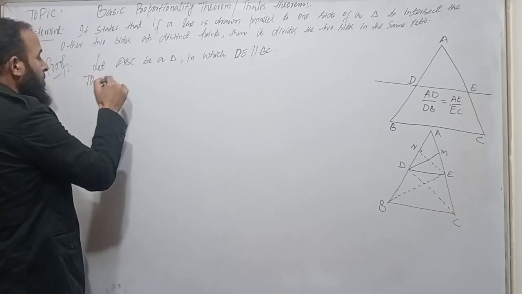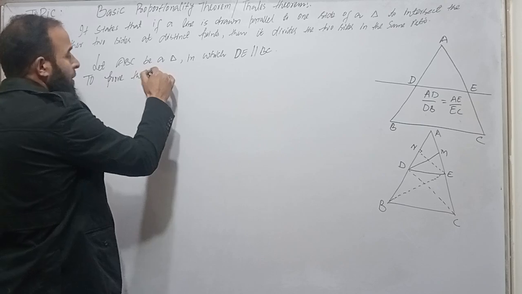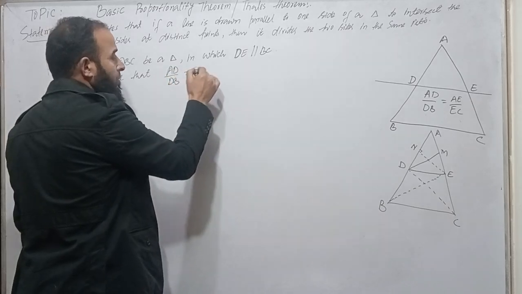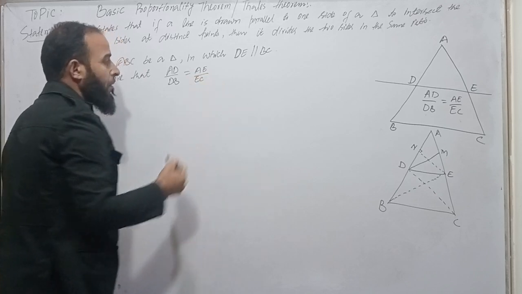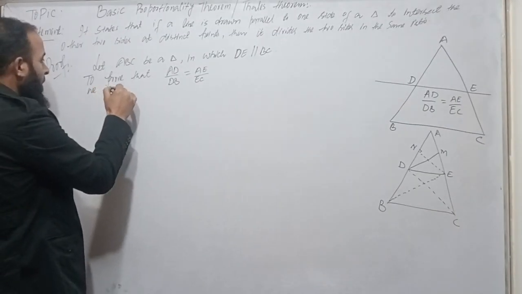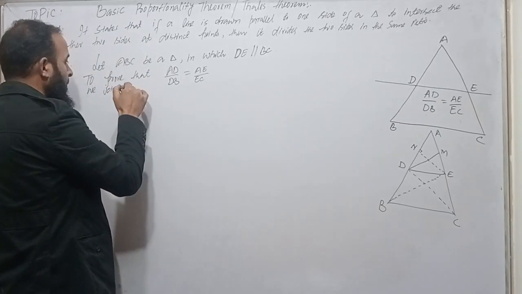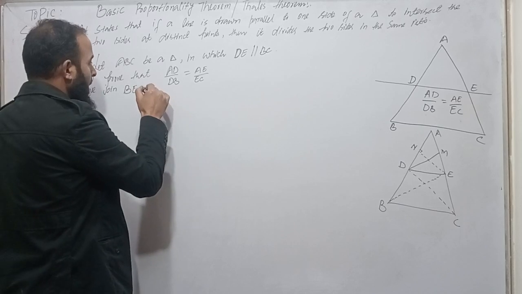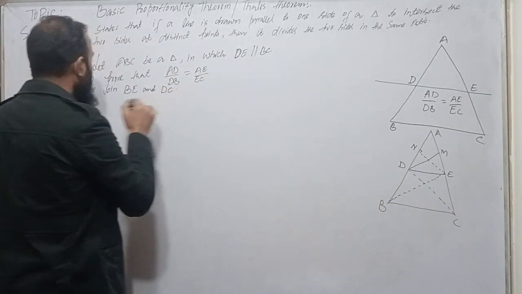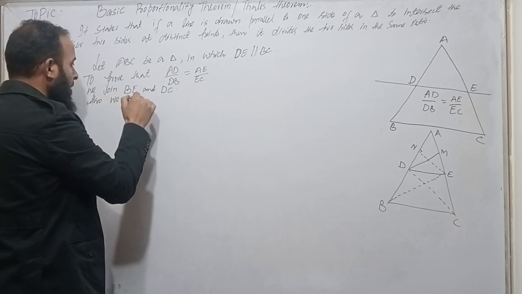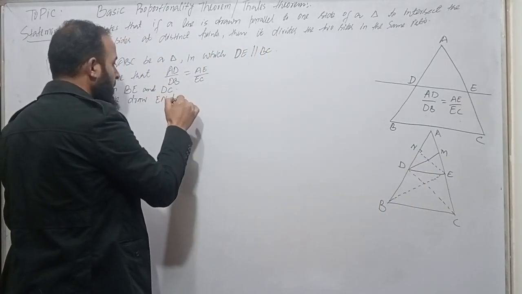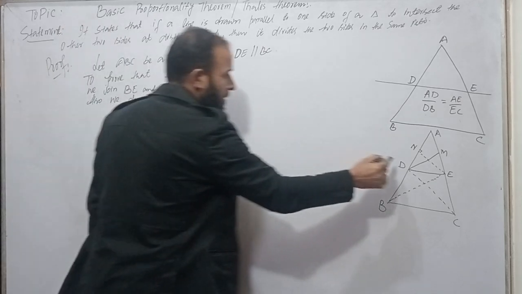Now to prove that AD over DB is equal to AE over EC, we join BE and DC, and also we draw EN perpendicular to AB and DM perpendicular to AC.